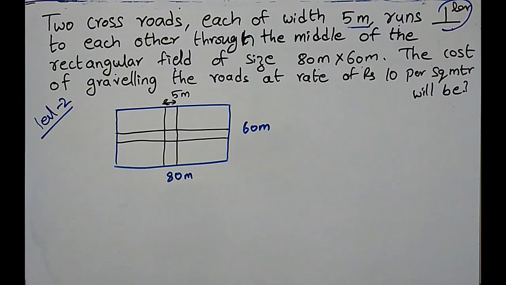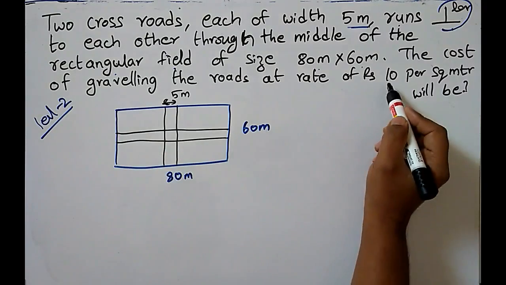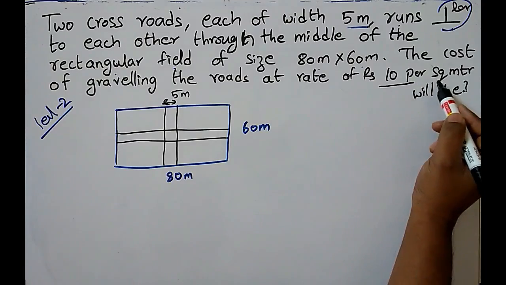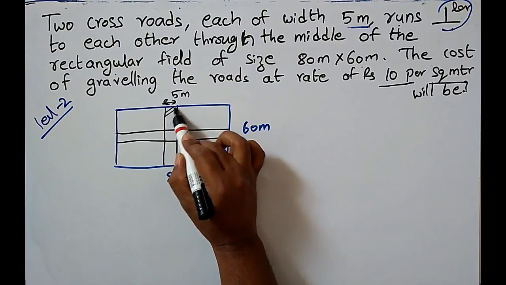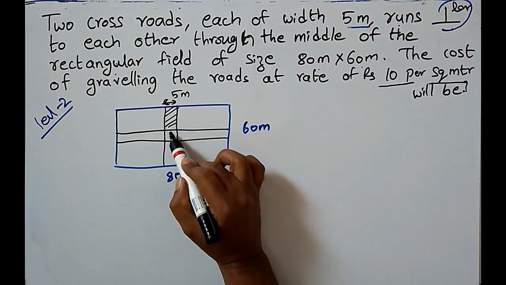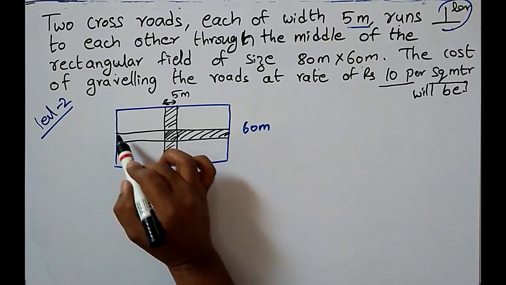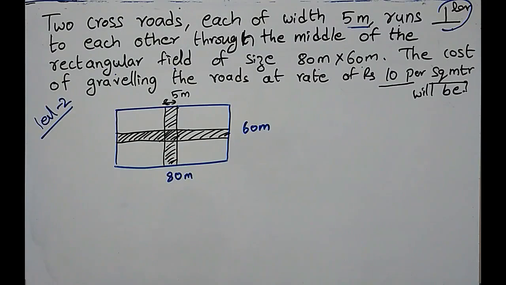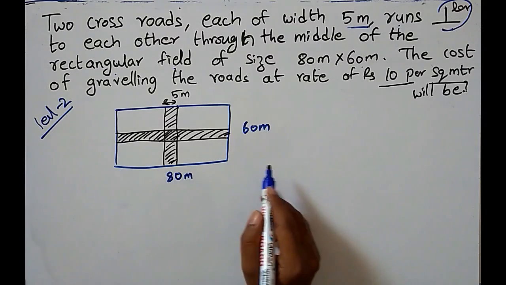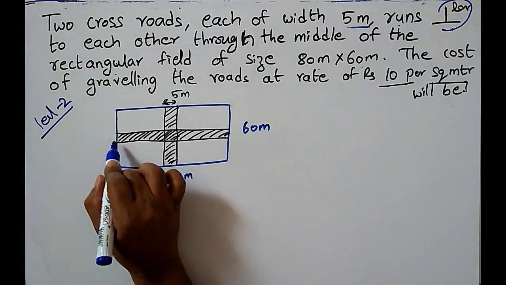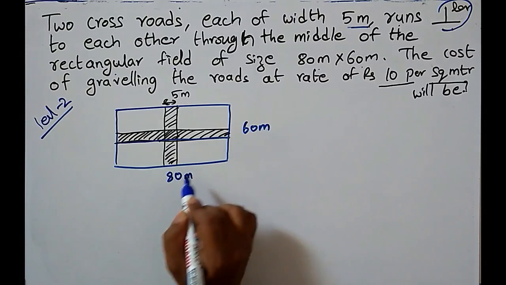We have to lay the road, and it costs about 10 rupees per square meter. He says indirectly that we have to find the area which is formed by these two crossroads. Okay friends, we will find the area of these crossroads. If we take the length of this crossroad, it is 80 meters.